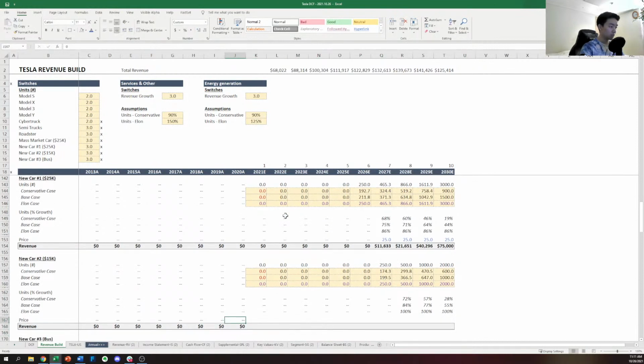Then another mass market car, just super cheap, 15,000.